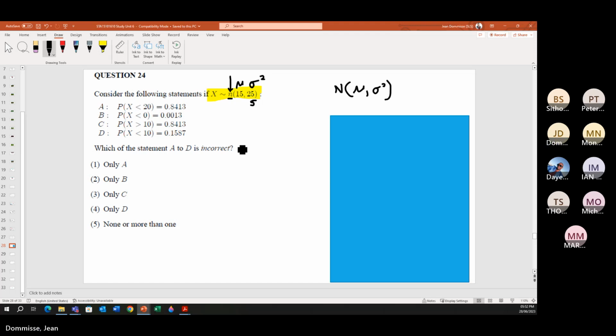Okay, so in this example, there's a few things that we can now look at. The easiest one to check, and we can look at both nearly at the same time. So we need to calculate a Z. Then from the Z, we need to go to the table. Let's calculate the Z for option C first.